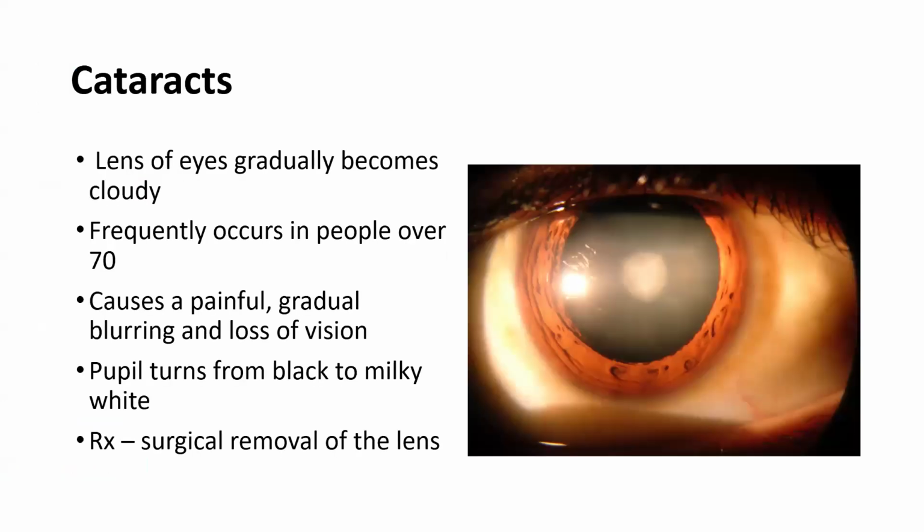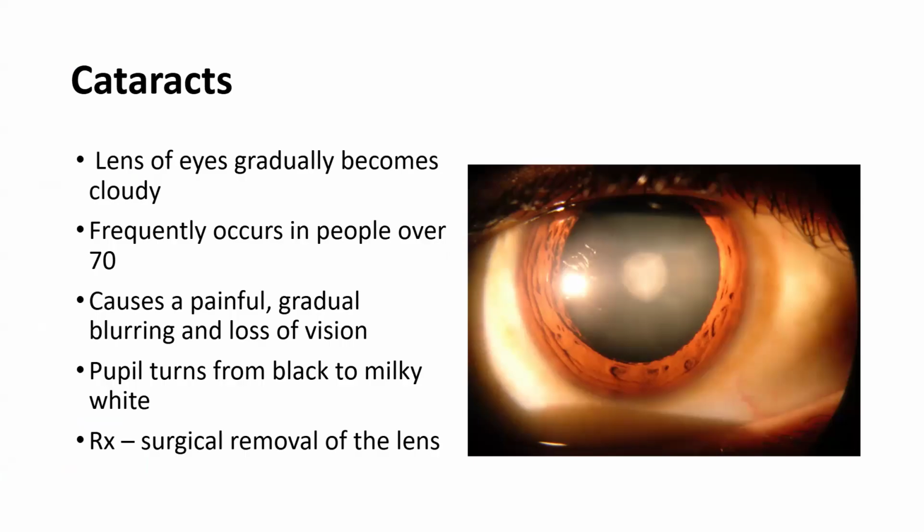So our first disorder is going to be cataracts. This is when the lens of the eye gradually becomes cloudy. So that lens itself is affected. This usually does happen in people who are over the age of 70. It does cause gradual blurriness and loss of vision because you have this cloud and you can't really see.